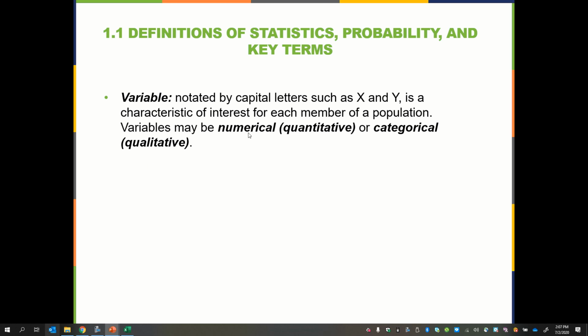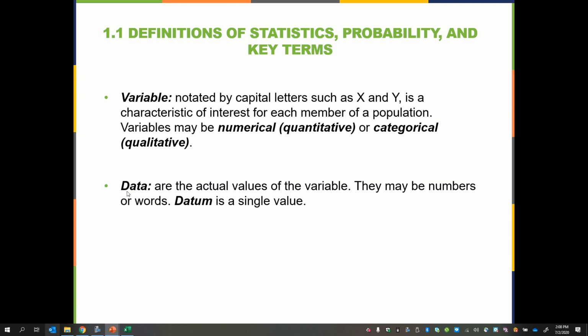Variables may be numerical, which means quantitative, numbers that have quantities of meaning. For instance, Social Security numbers are numbers, but they're not numerical in the sense that they don't represent quantities. Then we also have categorical data. We also call this qualitative because it's recording a quality from the population.